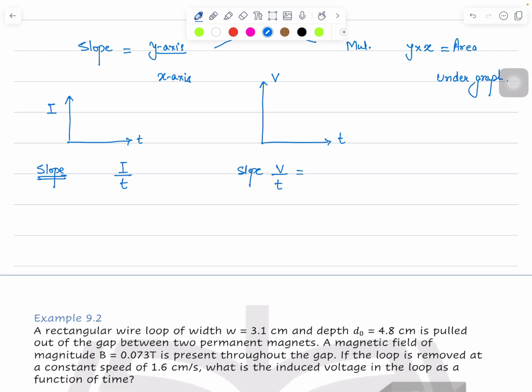I know what is this? This is called flux. You know, V induced is equal to d phi by dt. So can I say phi is equal to Vt? Yes or no? Here we know I is equal to q by, what is this? Just try to understand.